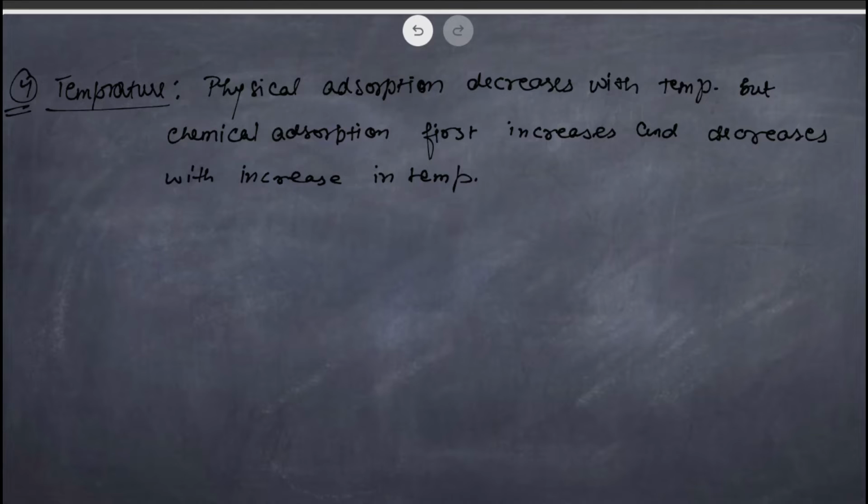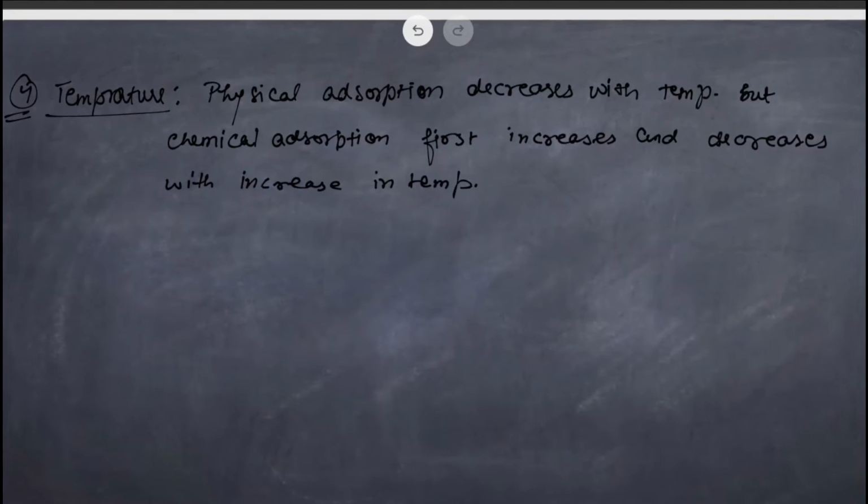I'll explain this briefly in some time. Okay. Just write this for this time.